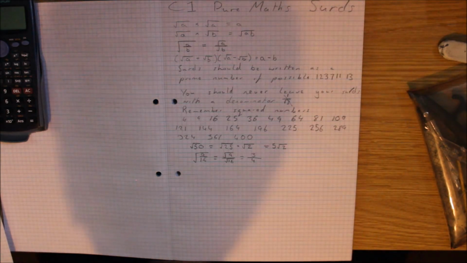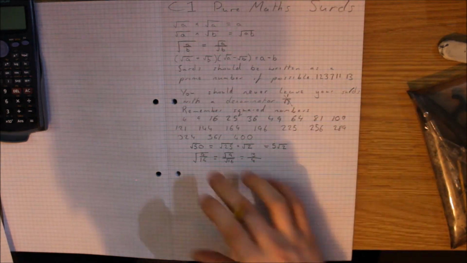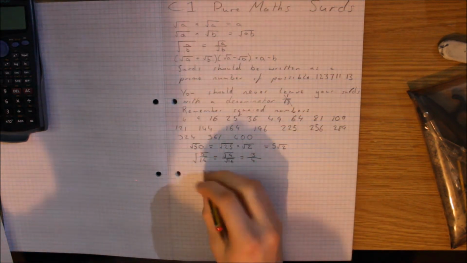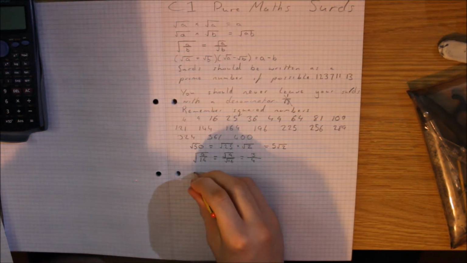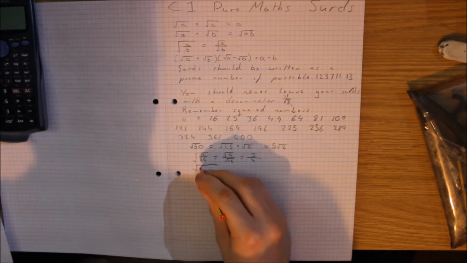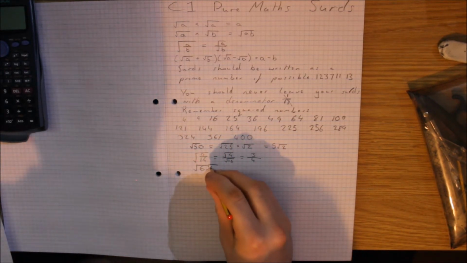Let's do another one like this, but a bit more tricky: root of 6 1/4.